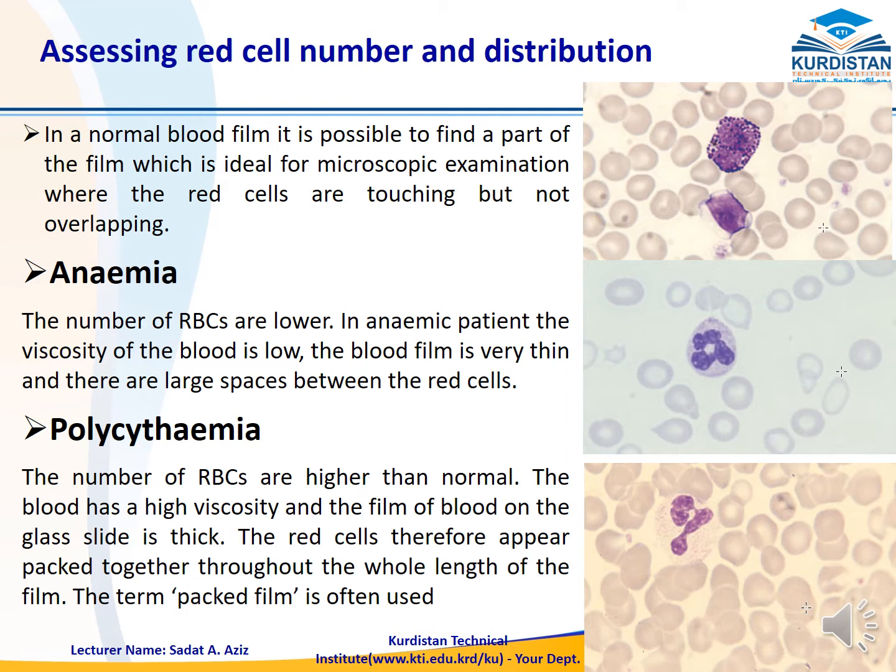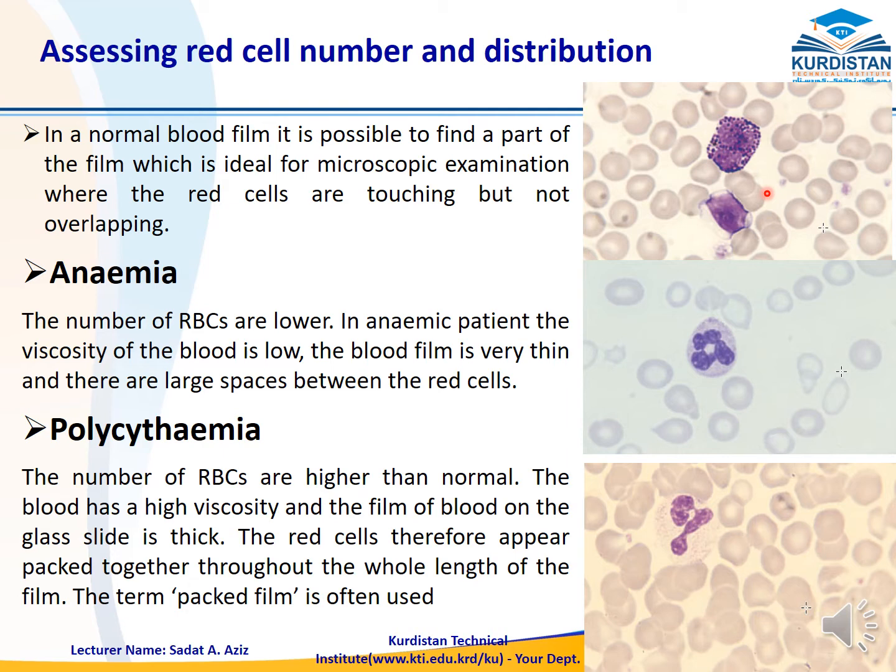So how can we assess the red blood cell number and distribution? If the cells have a normal distribution, as we see here in normal blood, we can normally find an ideal place within the slide to see the normal distribution of the cells.